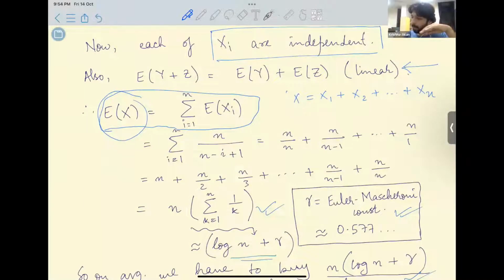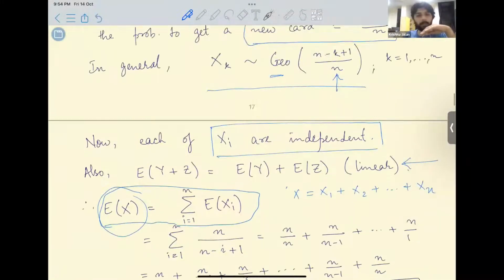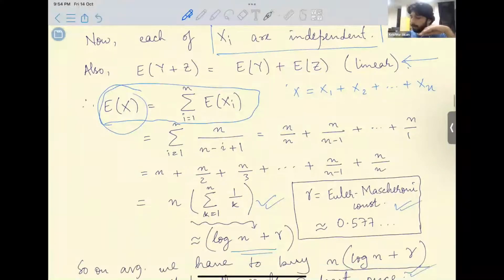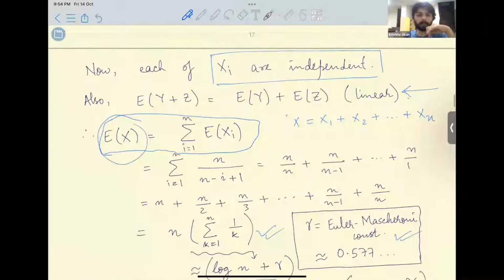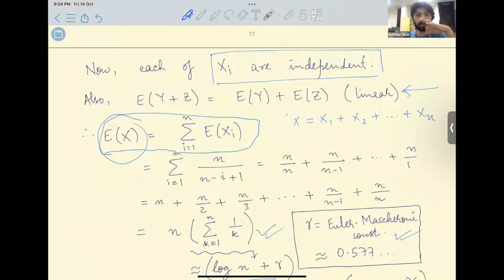And each of the expectation value, I know what is the formula. It is 1 by the favorable probability. And each of the favorable probability is n minus k plus 1 for the kth random variable. So this is n by n minus i plus 1. And I just expand the sum. That's what I've done here. Okay. Yeah. Anything else? You should go over this problem again. This is one of the more advanced problems, but it is useful to know this.